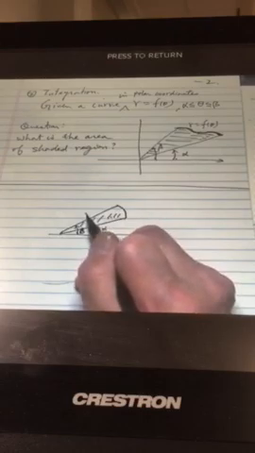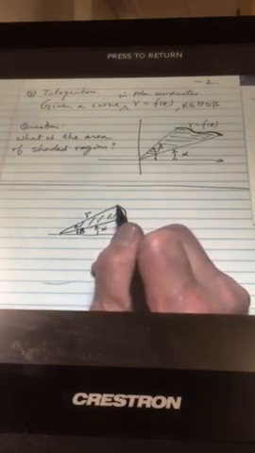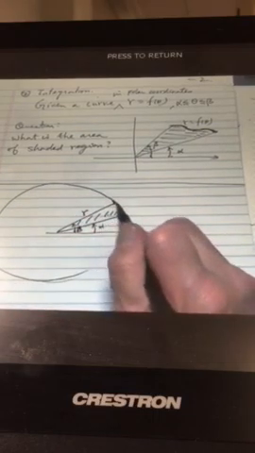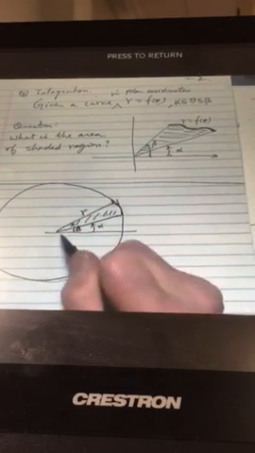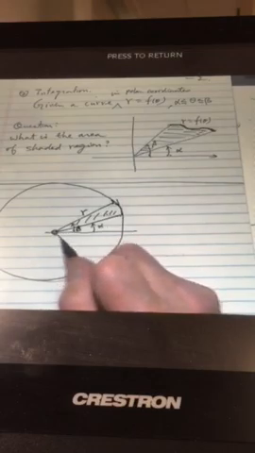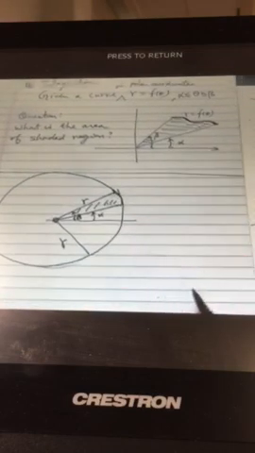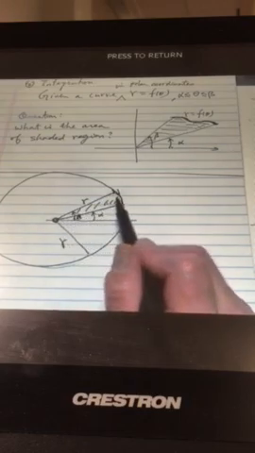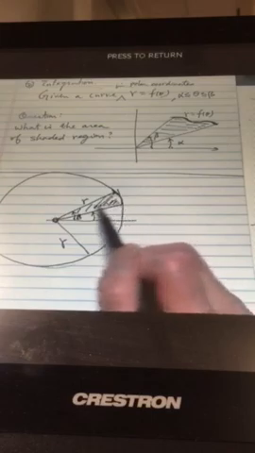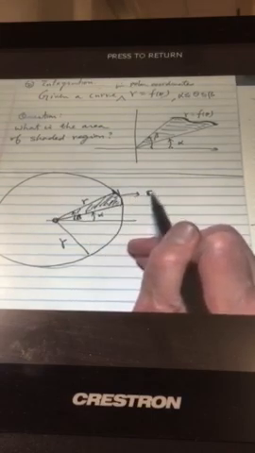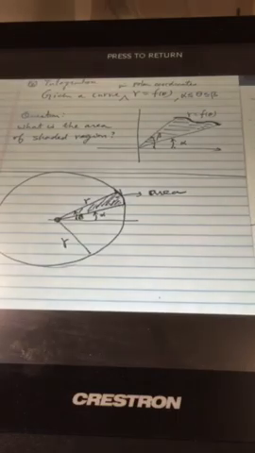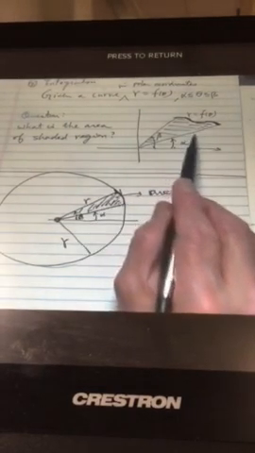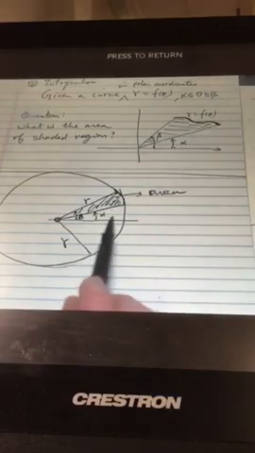So let me call this R. Suppose I have a circle, radius is r. Now, what is the area of this sector? If we can solve this one, we can solve the other one. So we need to solve this one first.